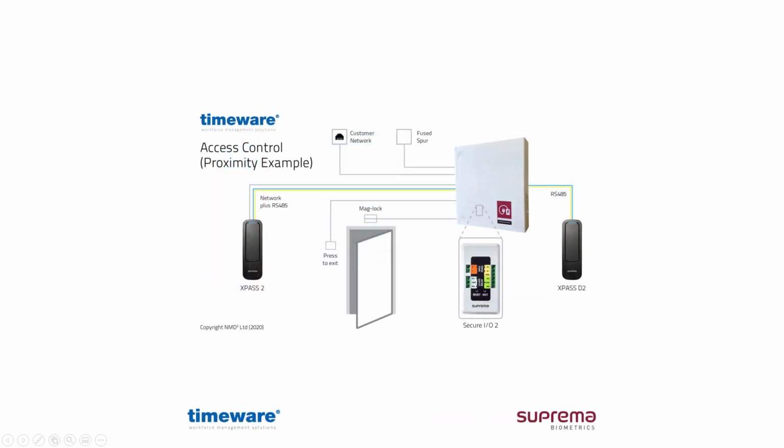Timeware also has an access control module, connected to a series of access points, which could be turnstiles, roll shutter doors, and generally any entrance to a building or the office.